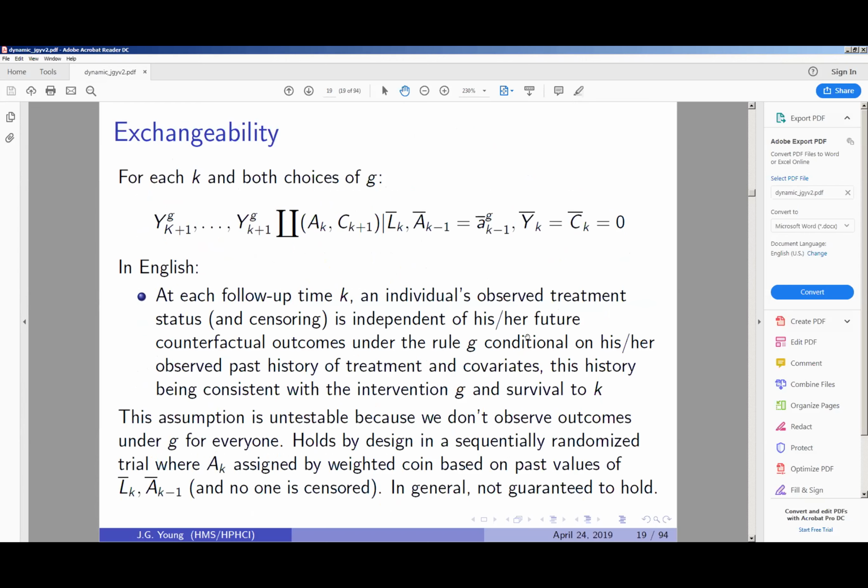You can take the approach of truncating the weights, which is again a bias-variance trade-off. So you might say, I'm going to truncate weights that are greater than 10, or I'm going to truncate them at the 90th percentile of the distribution of the weights.